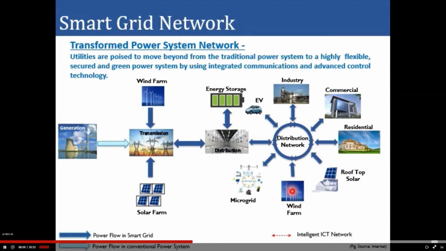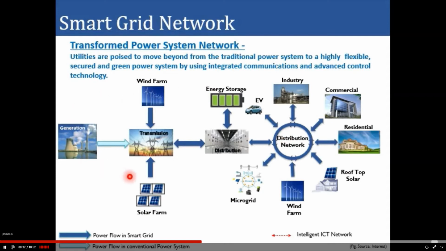Similarly, in case of a wind farm, when wind is blowing, you get the power, but if the wind stops, the power output also stops. So those intermittencies which are now being integrated into the distribution system are creating a challenge on how to monitor and control the distribution network.